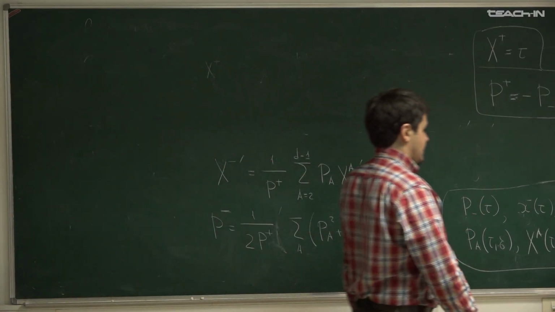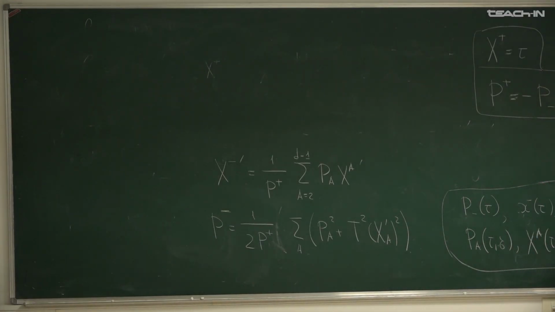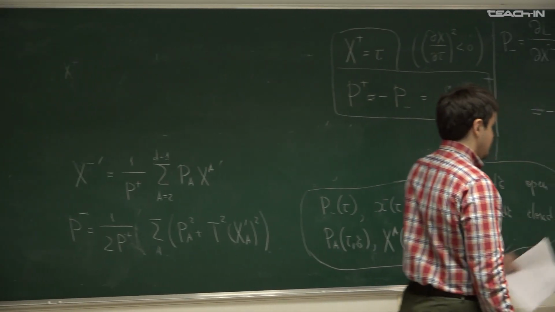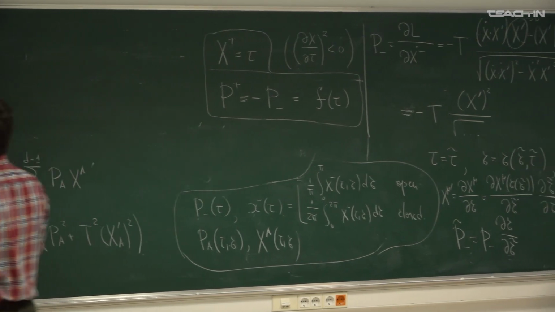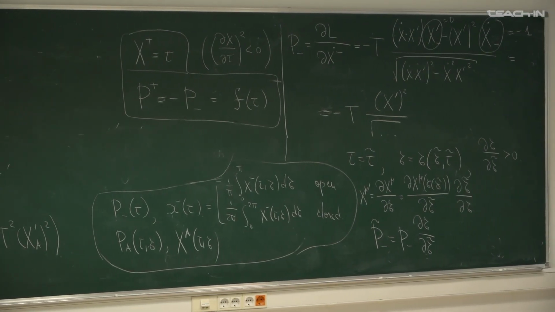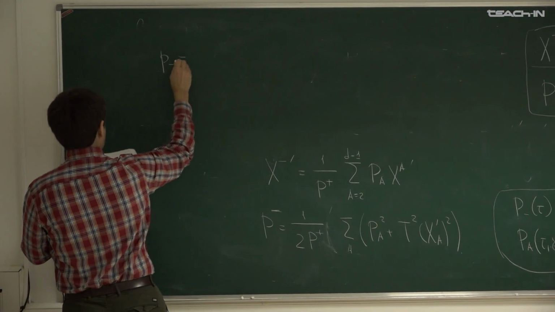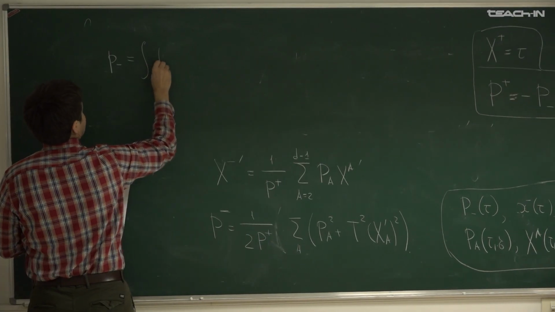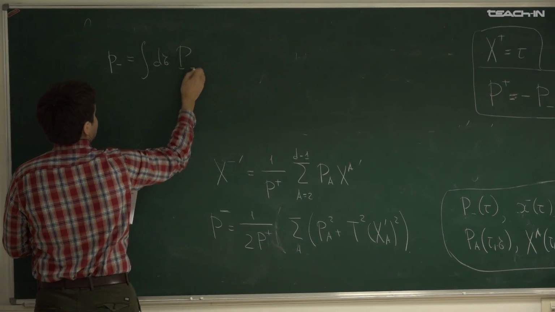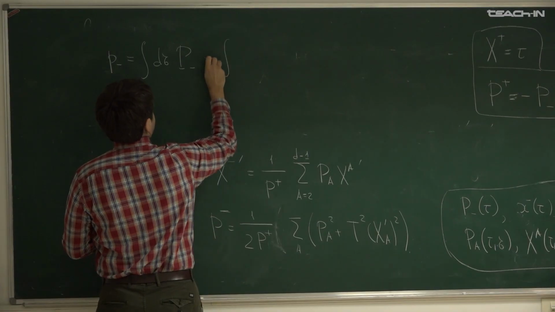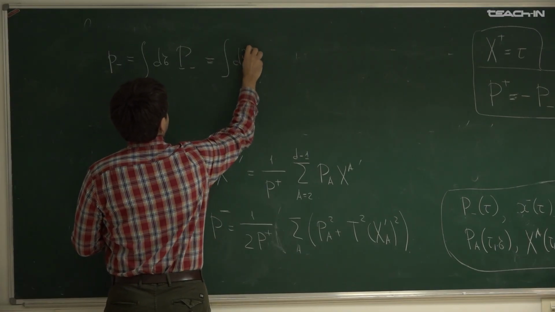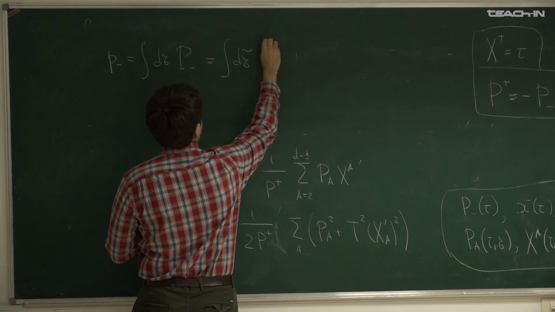So this kind of means that p minus is kind of a one form, right? We will call p small minus. So p small minus is the integral of d sigma of p minus, and this is the same as the integral over d sigma tilde p minus tilde.